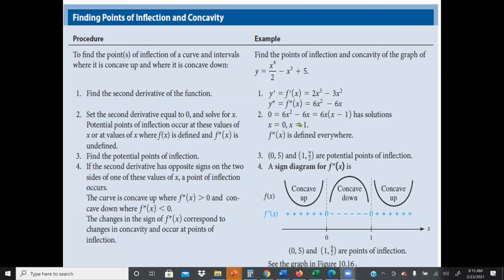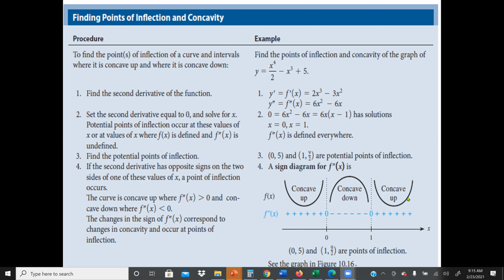Remember, we do this step in 10.1. When we get this point, we plug it into the function, then we get the actual point like this. Then we test where it's increasing and decreasing. Positive means the function is increasing. Negative means it's decreasing. And if I go from increasing to decreasing, that's what we call the relative maximum, because it goes up and down.